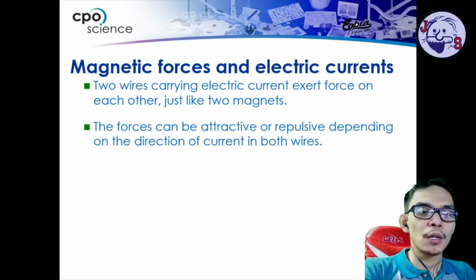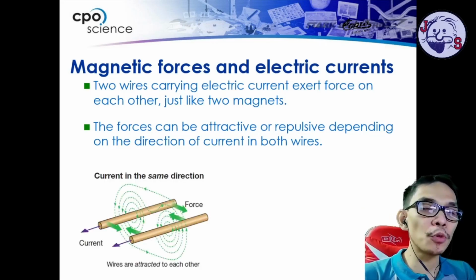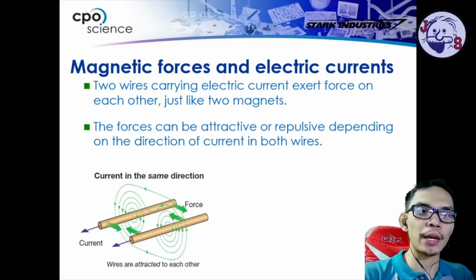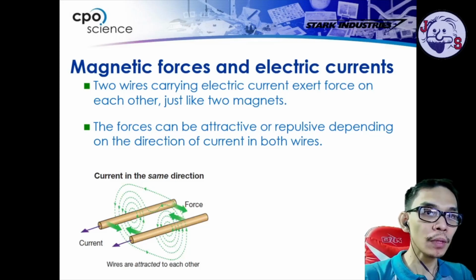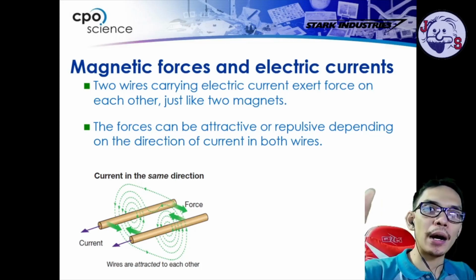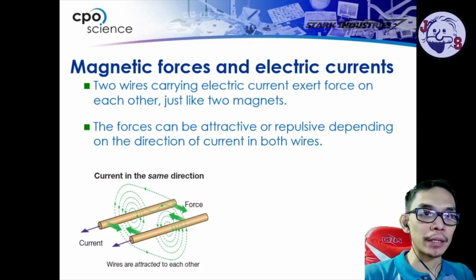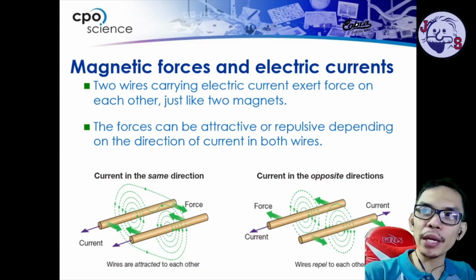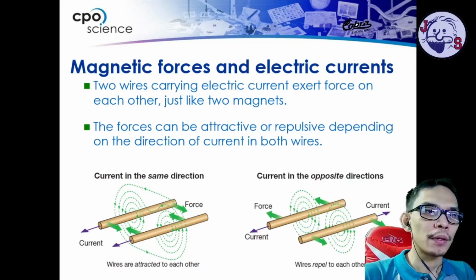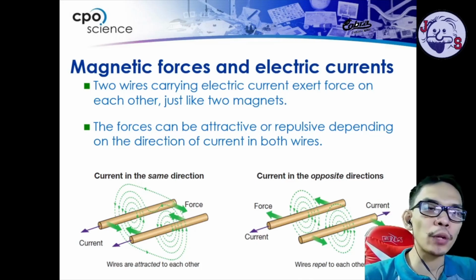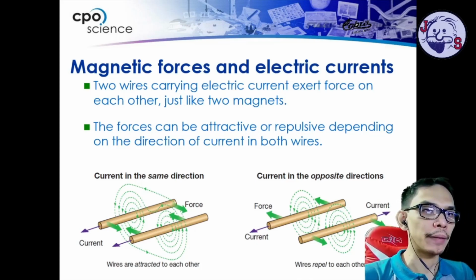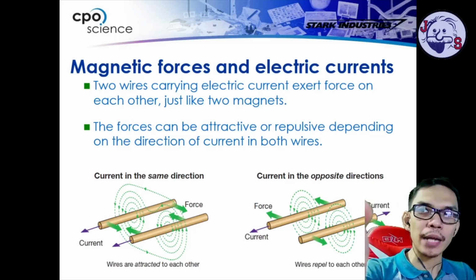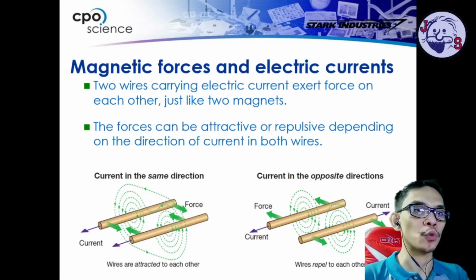If the current is moving in the same direction, then the two wires are attracted to each other. Meanwhile, if the current is moving in the opposite direction, the two wires are likely to repel each other. So take note of the direction of the current in the attraction and repulsion of two wires.